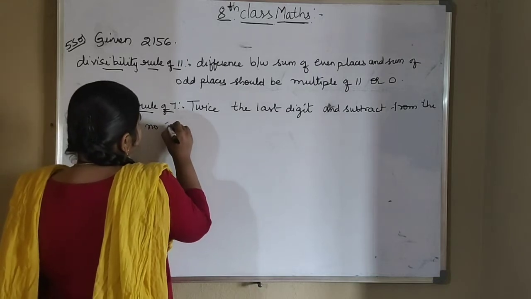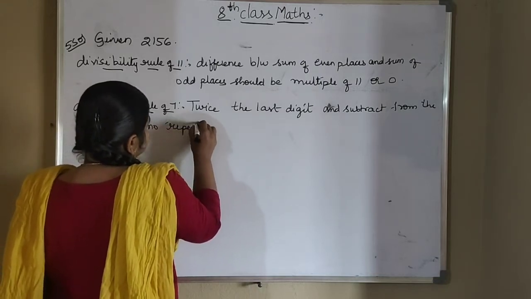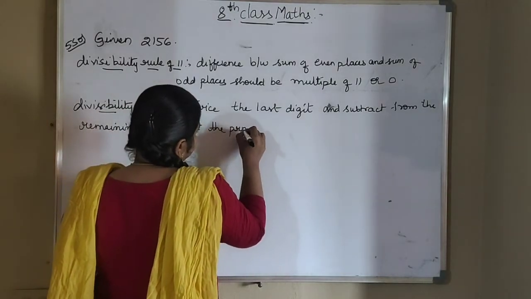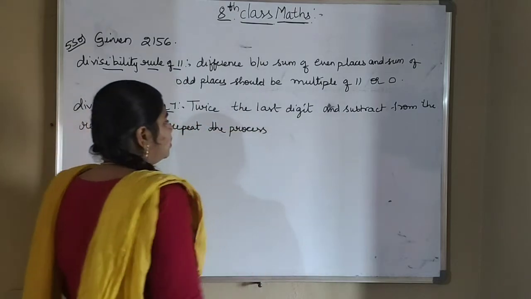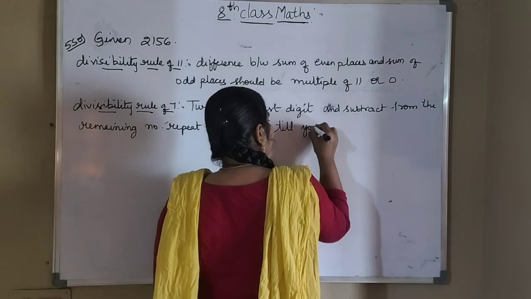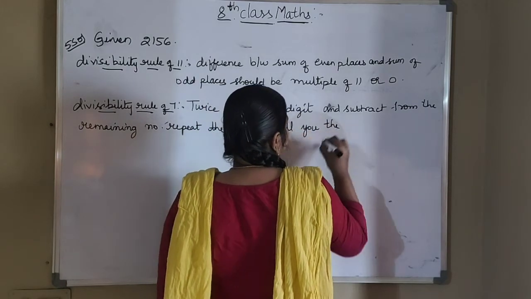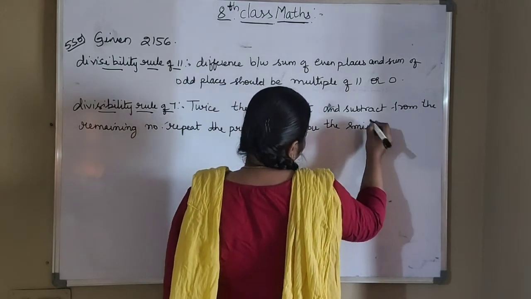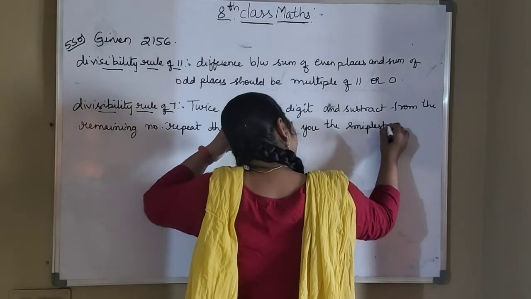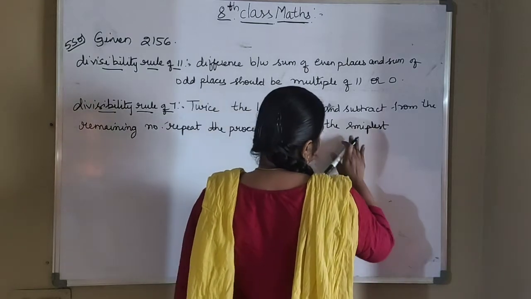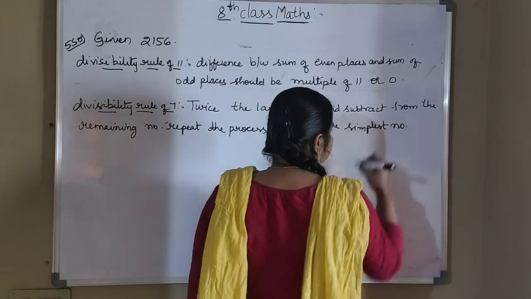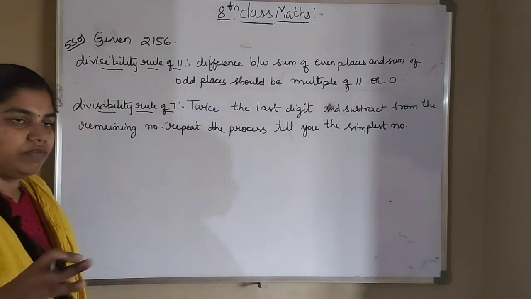Repeat the process till you get the simplest number, that is nothing but a simple multiple of 7 we have to get.